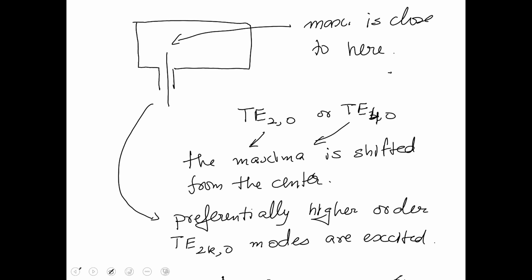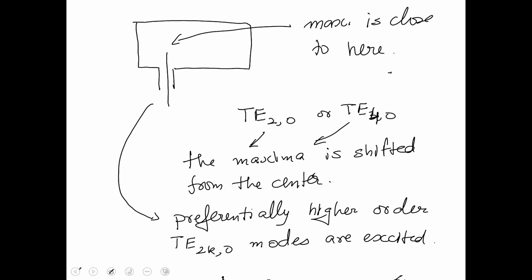Not the odd modes like TE30, TE50, TE10, where the maxima is still in the center. So if I have a conductor feeding in the center, I would preferentially excite the odd order modes. If I push it towards the side, I would preferentially excite the even order modes.